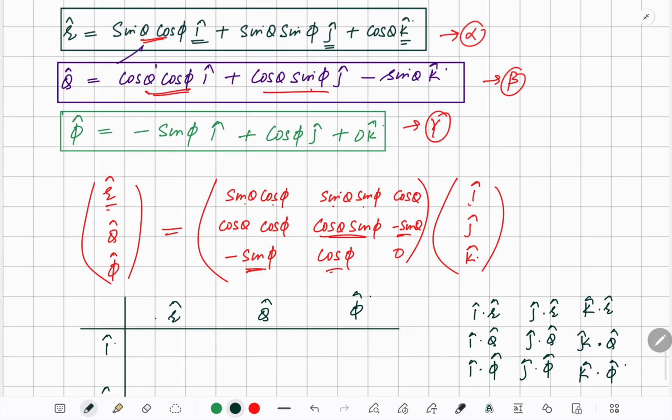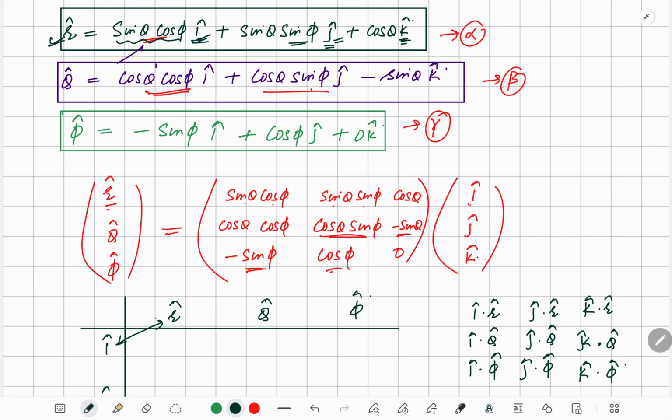So if you see here, the first one is i cap dot r cap. So see, here is r cap, here is i cap. If we do the dot product of i cap dot r cap, only this will survive. These will go because i cap dot j cap will be 0 and i cap dot k cap will be 0, because cos 90 would be 0.